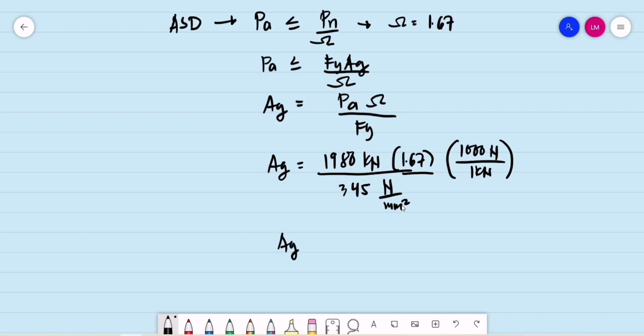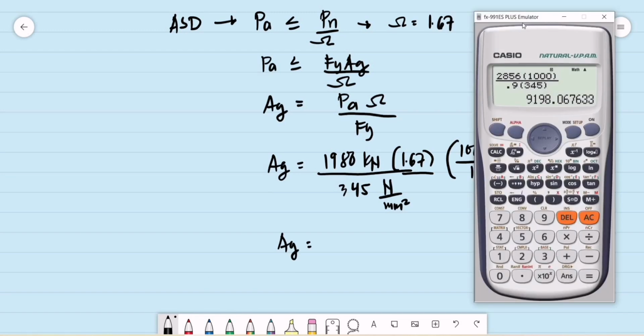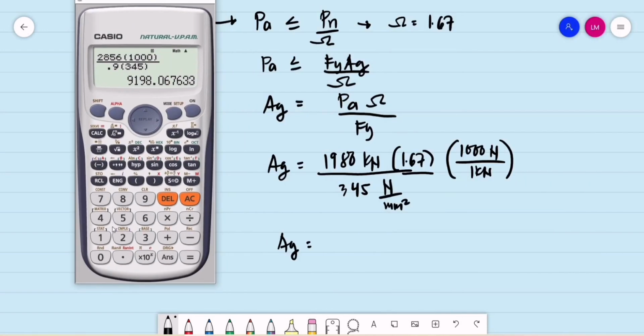So Ag, the gross area under ASD, is 1,980 multiplied by 1.67, divided by 345, then multiplied by 1,000. That is 9,584 square millimeters. I'll just use the whole number again.